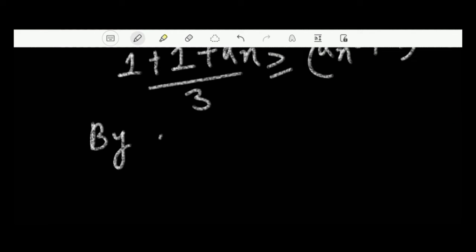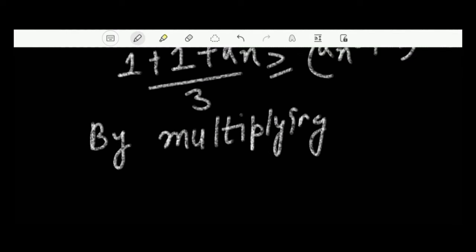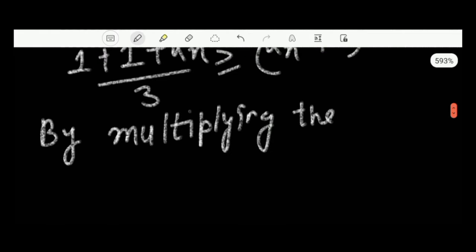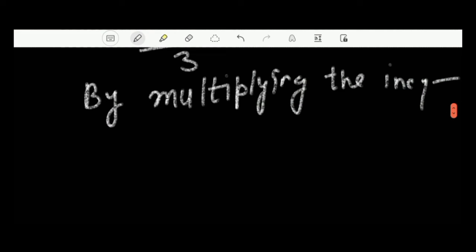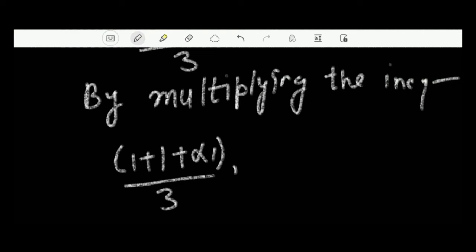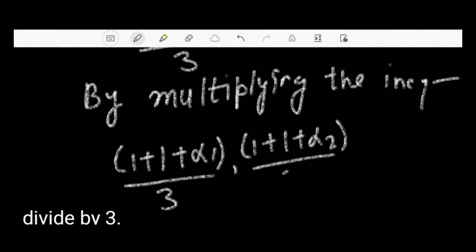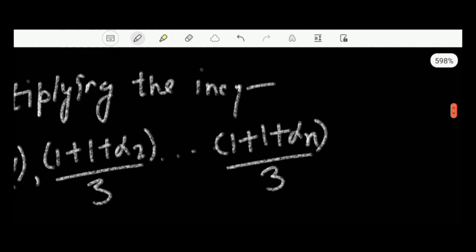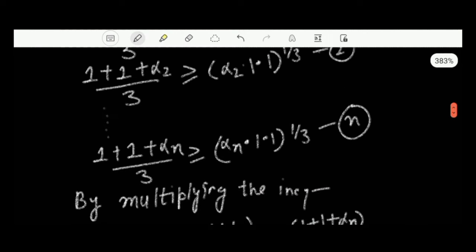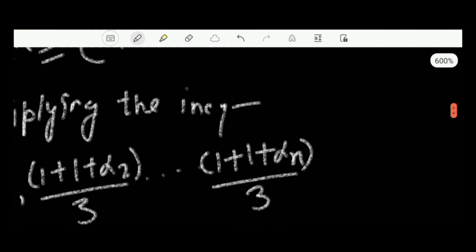So by multiplying the inequalities, what we get is 1 plus 1 plus alpha 1 upon 3 multiplied by 1 plus 1 plus alpha 2 divided by 3 up to 1 plus 1 plus alpha n divided by 3.